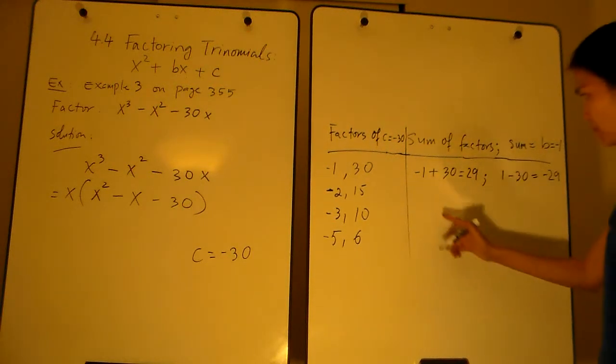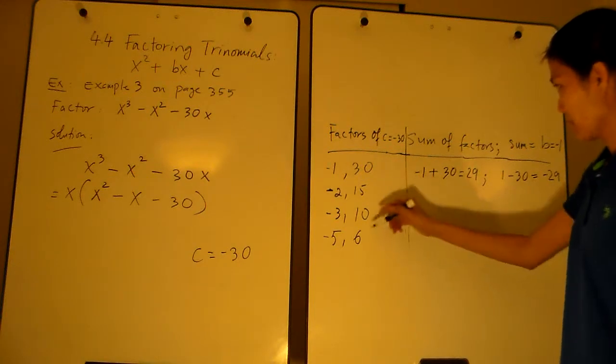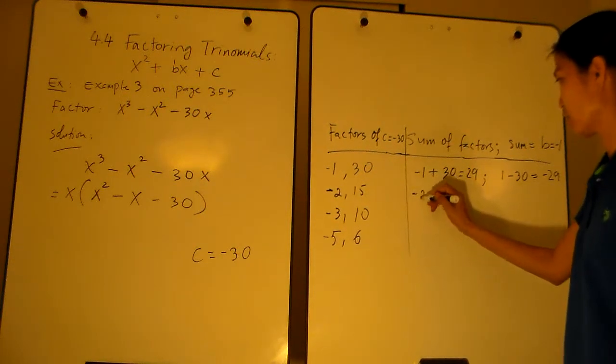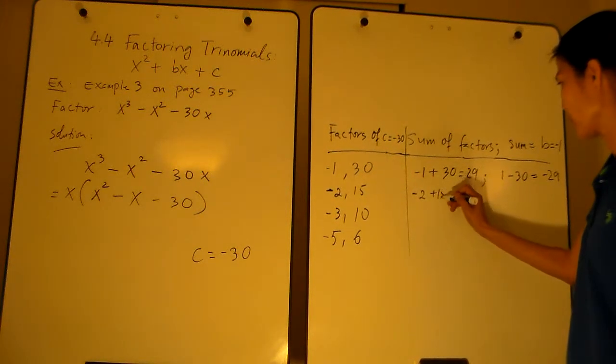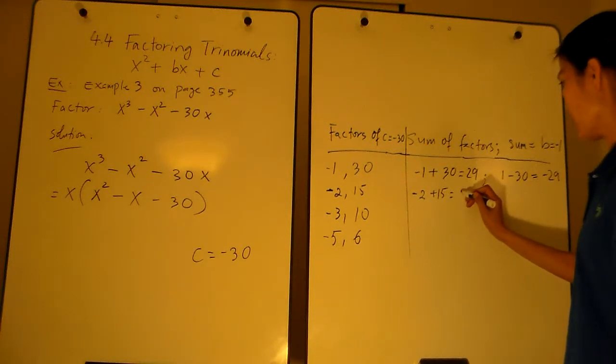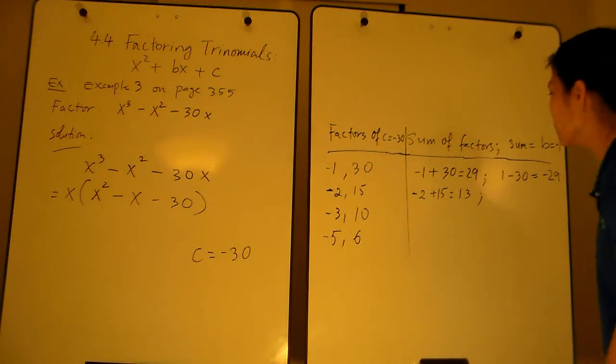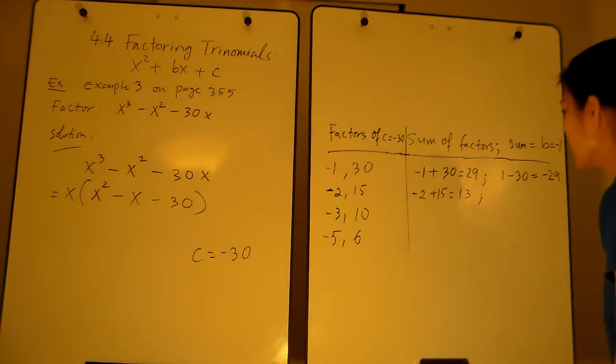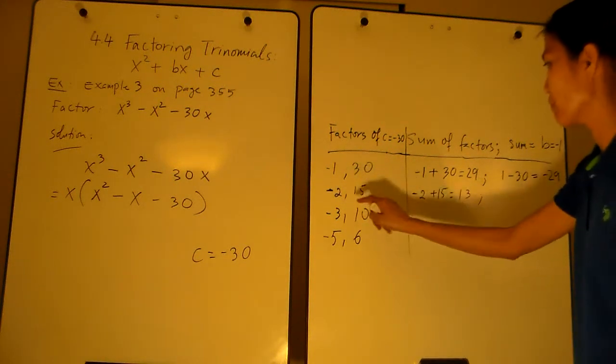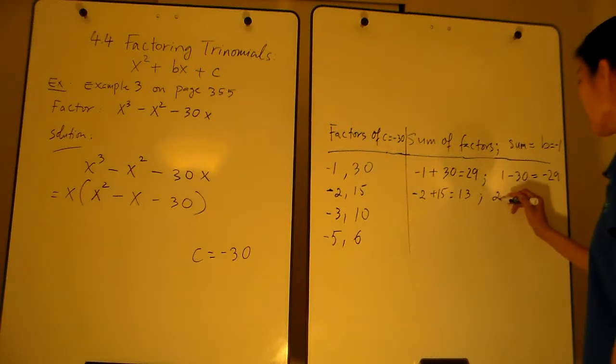So let's try this one. Let's start with the negative value first: negative 2 plus 15. I get 13, right? 15 minus 2 is 13. Now, what if 15 is negative and 2 is positive?